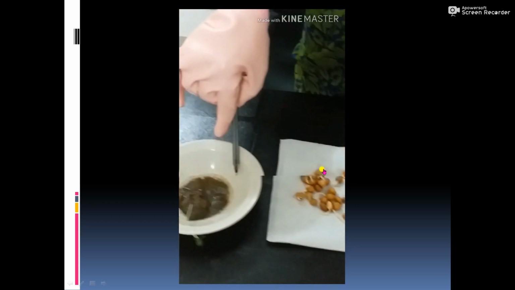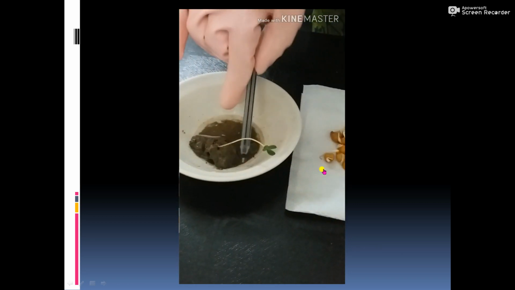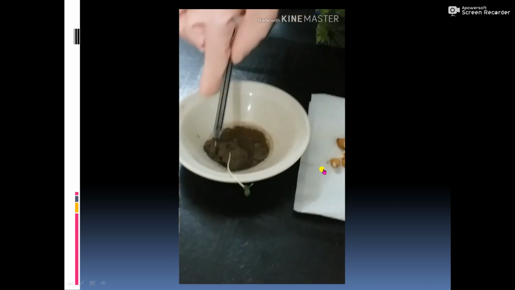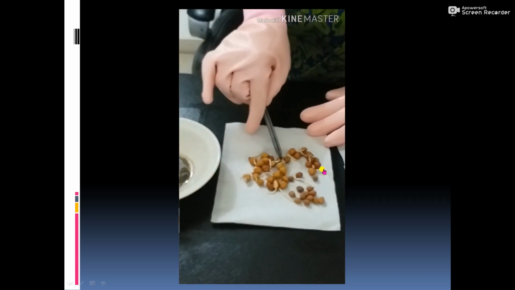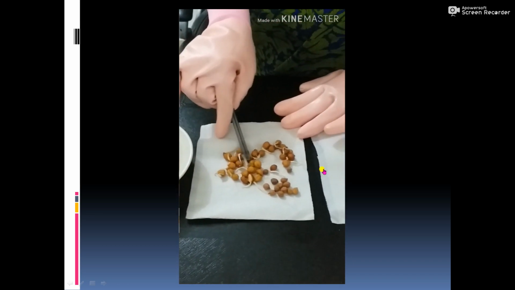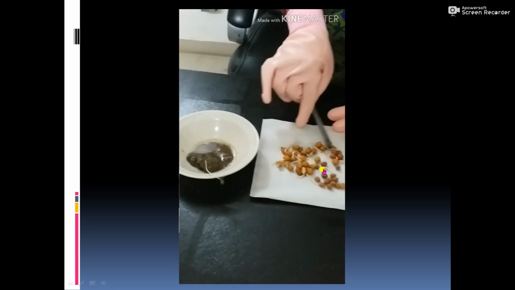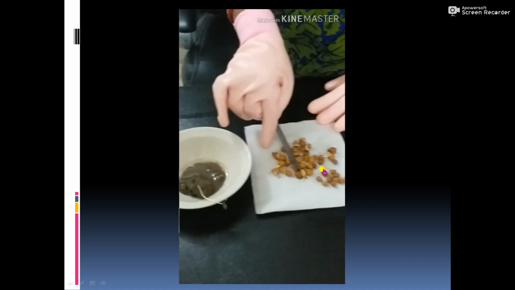I have shown you here a seedling. This is a baby plant, but I have kept it here in the soil, and after it grows 1.5 inch in length, it is grown into the soil, so that the baby plant can take the food from these cotyledons.